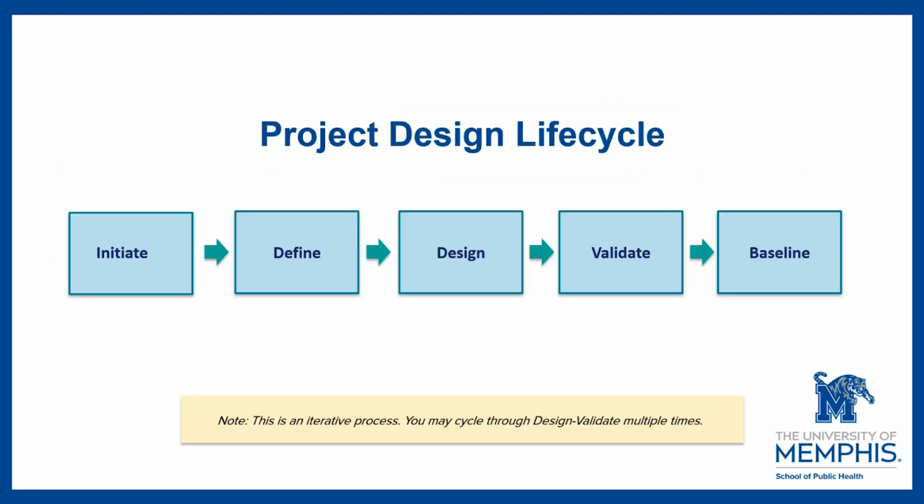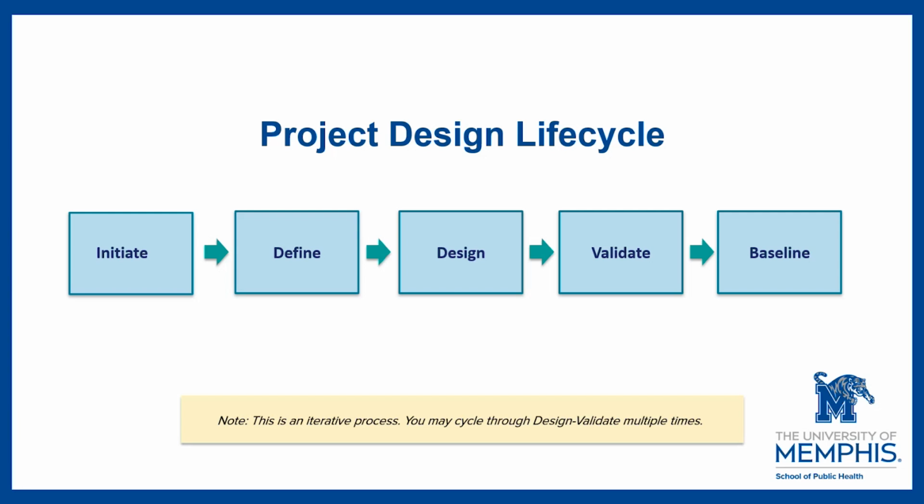The next part, we'll look at the cycle. What's involved in a project design cycle? There are 5 elements that are involved in this cycle. The first one is initiate. This is the starting point of the project. In this phase, you clarify why the project exists.